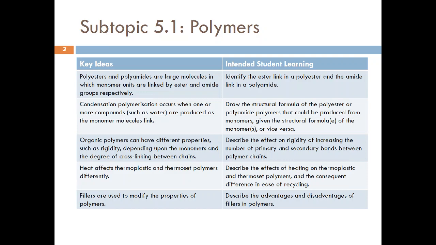Second page of that. Identify the ester link in the polyester and the amide link in the polyamide. Next one, draw the structural formula of the polyester or polyamide polymers that could be produced from monomers given the structural formula of the monomers and vice versa. Third one from the bottom, describe the effect on rigidity of increasing the number of primary and secondary bonds between polymer chains.